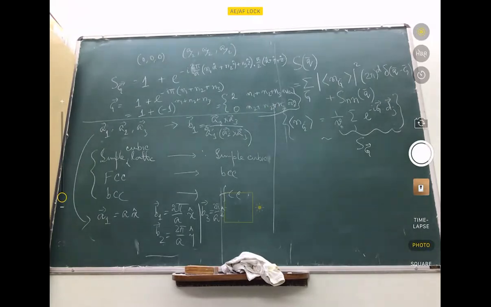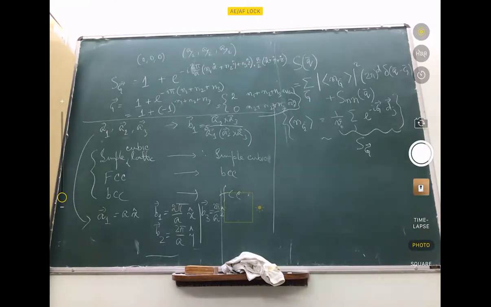And depending on whether you are viewing the BCC lattice in terms of its reciprocal lattice vectors, the primitive lattice vectors pointing along the body diagonals, or in terms of its conventional cubic lattice vectors like here, your interpretation of the results has to be done accordingly.